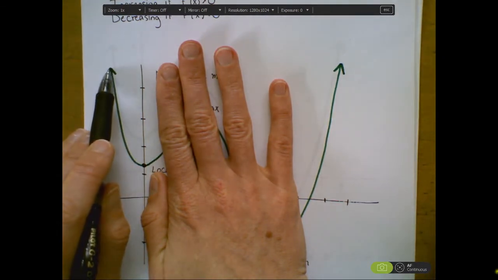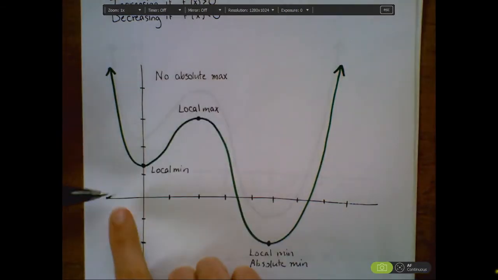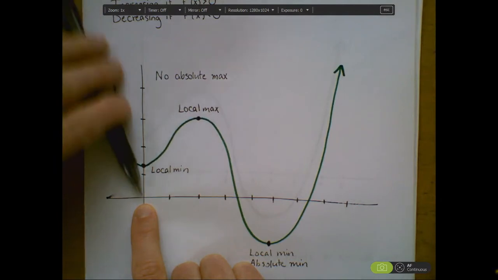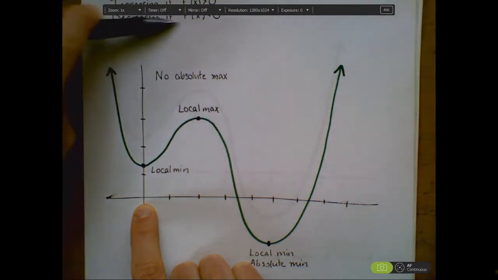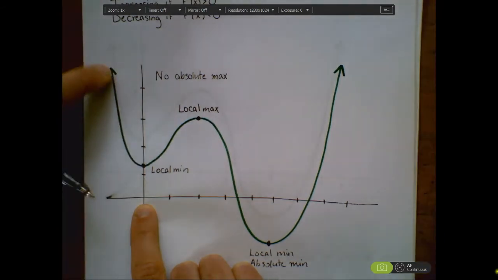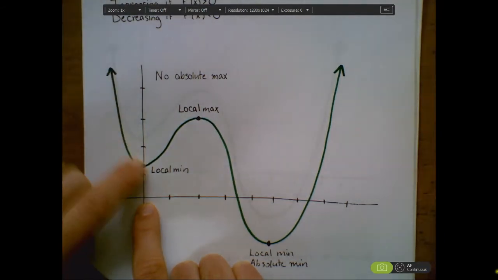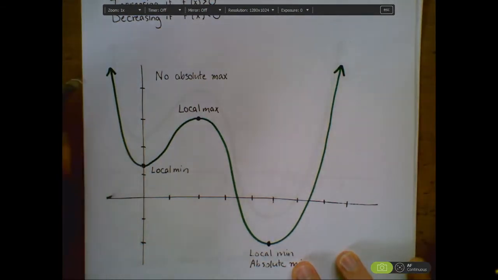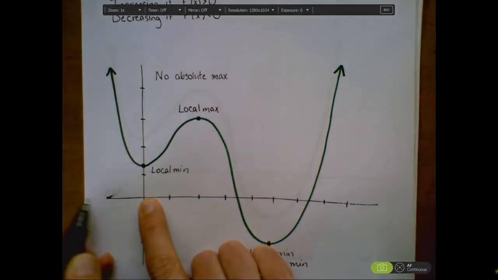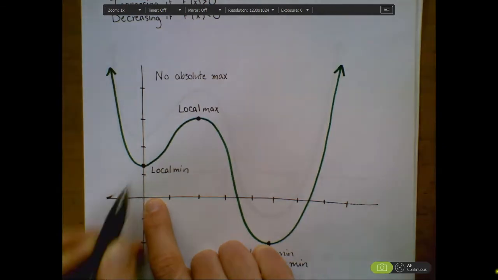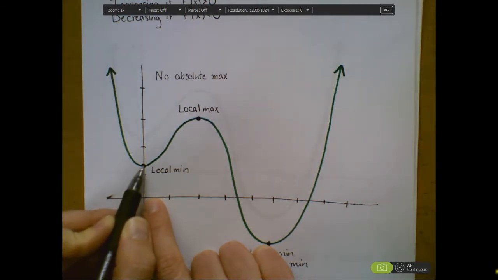And that's not correct because as my x values increase, my y values are decreasing. Another way to think of it is to say my slopes of the tangent lines to the graph along here are all negative. So in this case, we see that our function is decreasing on the interval from -infinity until x equals 0. And there's a shift right here at x equals 0.